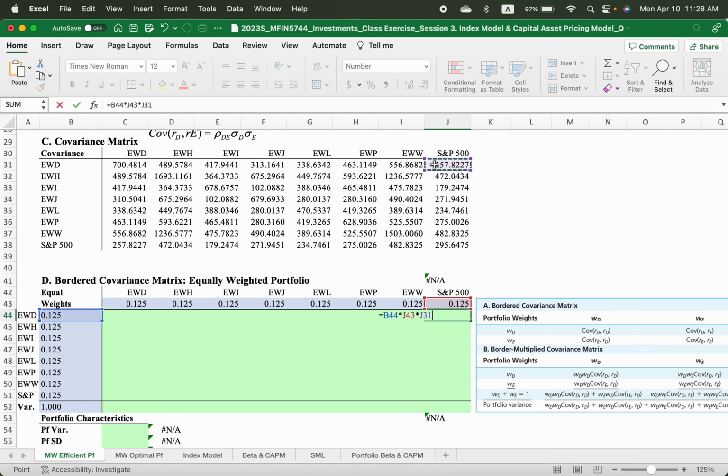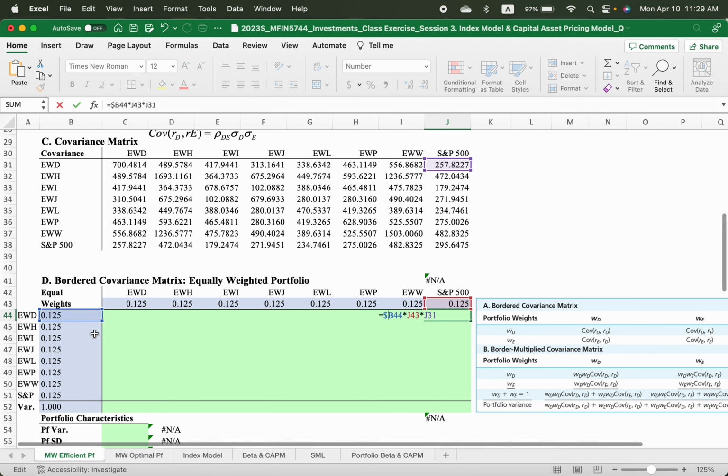But I want this to be very efficient when you build this weighted covariance matrix. We cannot calculate every single cell with these equations. Instead, I want you to fix the B column, because we are going to drag it down. Also fix the row 44, because we are going to drag to the left or right.